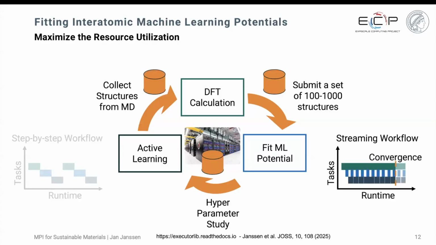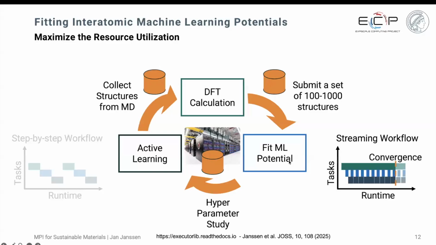And our approach for this was to move away from the step-by-step workflow to more of a streaming workflow. Meaning we start the first quantum mechanical calculations. We maybe submit 1,000 of these calculations. But as soon as the first 100 of those are finished, we use that first set of hundreds to fit the first machine learning potential.